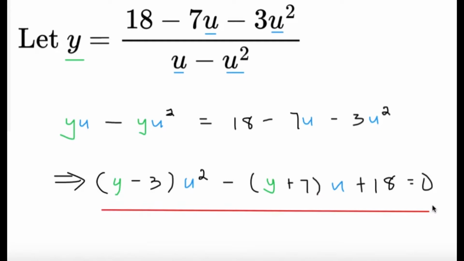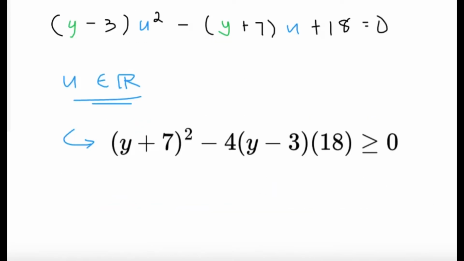We know that u must be a real number, so the discriminant of a quadratic equation with real roots must be greater than or equal to 0. So we have y plus 7 squared minus 4 times y minus 3 times 18 greater than or equal to 0, and all we have to do is solve for y.